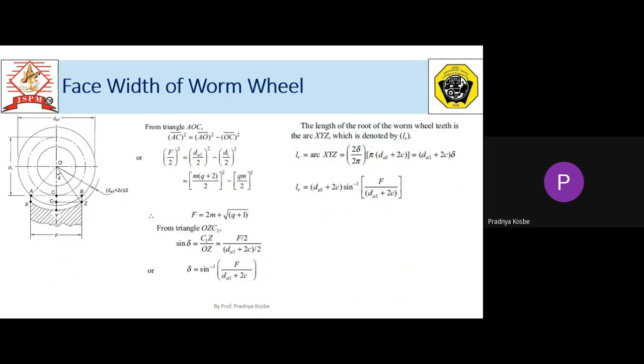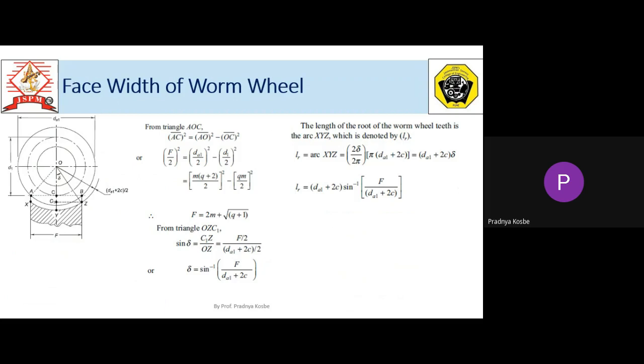Next to this, we will see the face width of the worm wheel. The face width of the worm wheel is denoted by letter F. Now, this effective face width is obtained by drawing a line tangent AB to the pitch circle diameter of the worm, and A and B are the points of intersection of this tangent and the outside diameter of the worm.